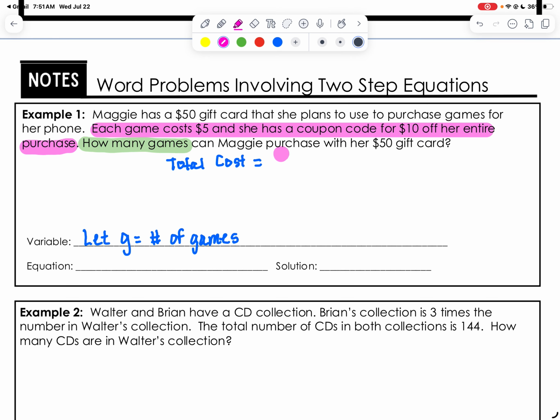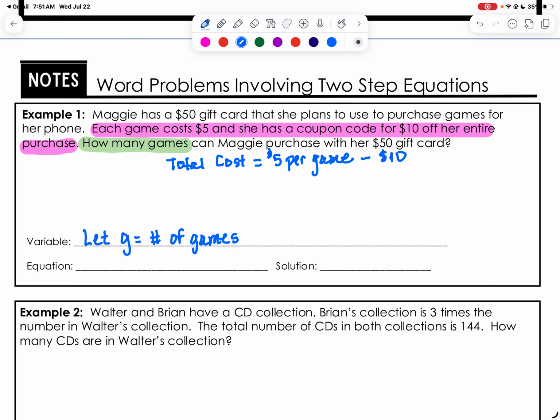So it's going to be $5 per game. And then she has a coupon. Now, think about a coupon when you go to the checkout. Are they going to add $10 to the cost, or are they going to subtract $10 from the cost? Well, a coupon subtracts money from your total cost. So minus her $10 coupon, all right?